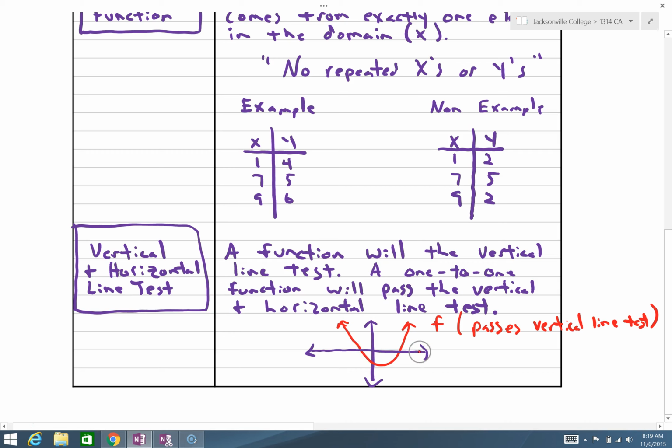Here I would hit twice. What you're seeing is this value, this y value of 0 comes from two different x values. Thus, it fails the horizontal line test. Okay. Fails horizontal line test. So it is not one-to-one.